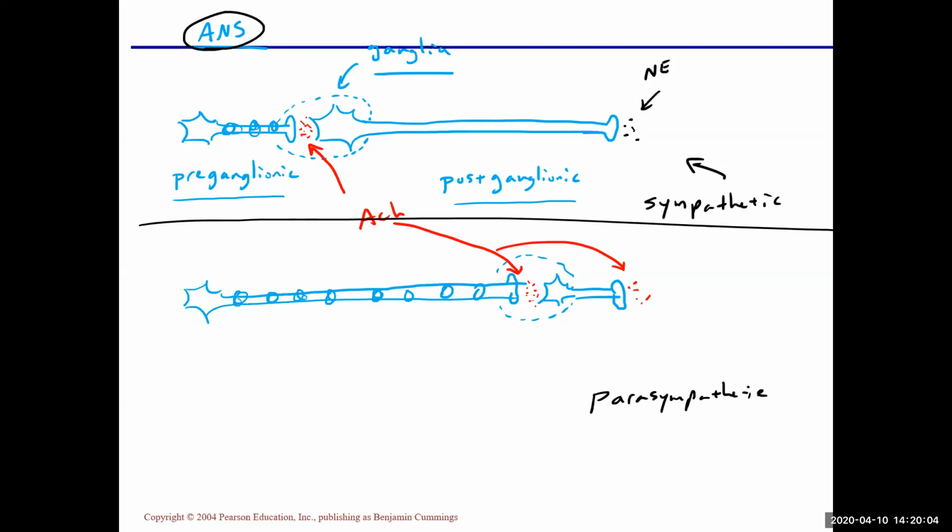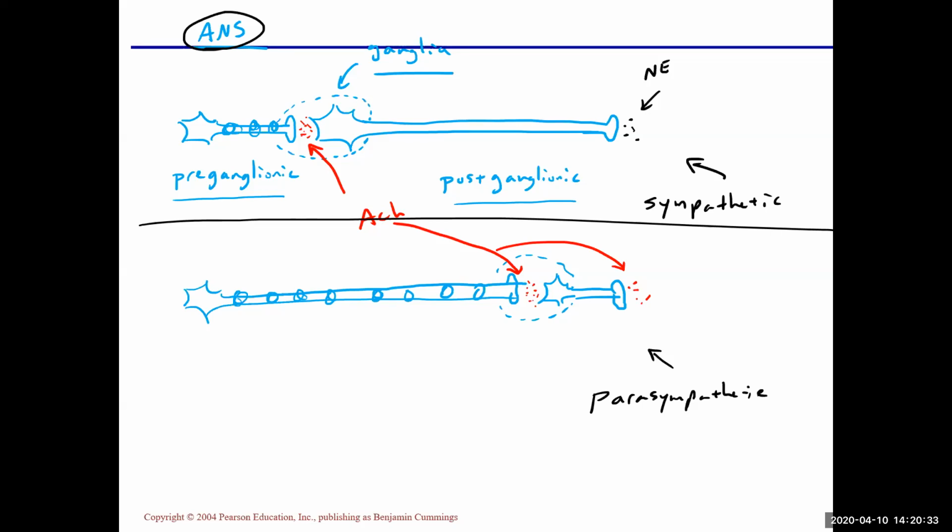Now we wanted to take a look at other differences between sympathetic and parasympathetic, because in the somatic nervous system, you just had one. There weren't two divisions, it was just one division, right? So these two divisions of the autonomic nervous system, sympathetic and parasympathetic, they pretty much counter one another.